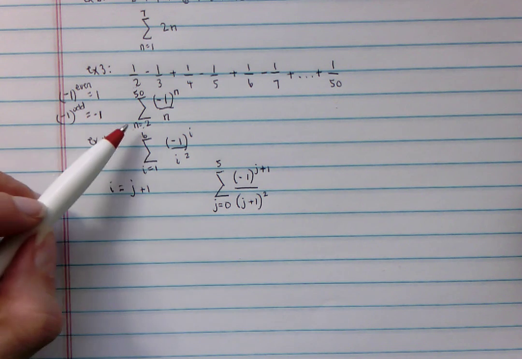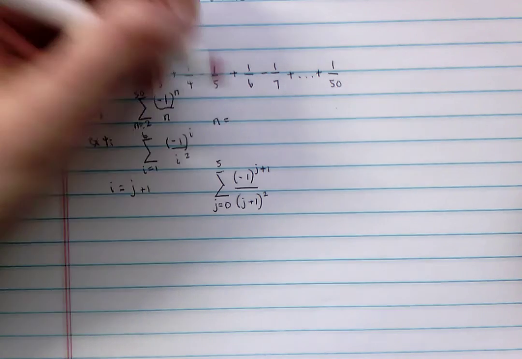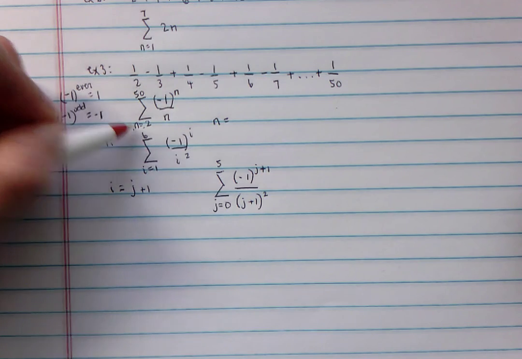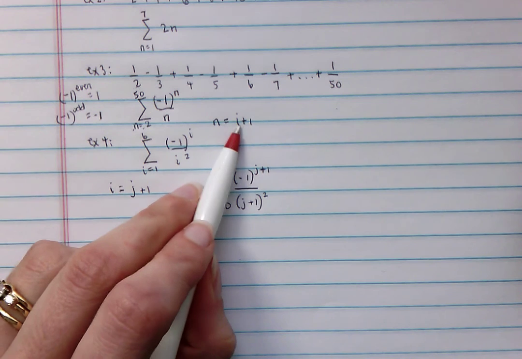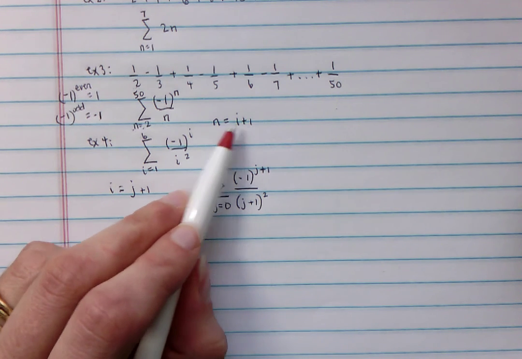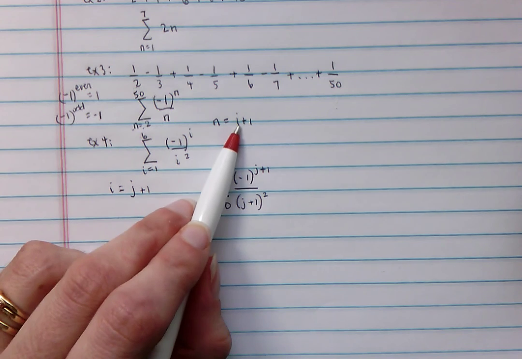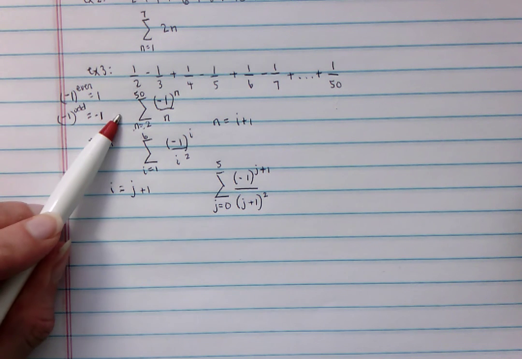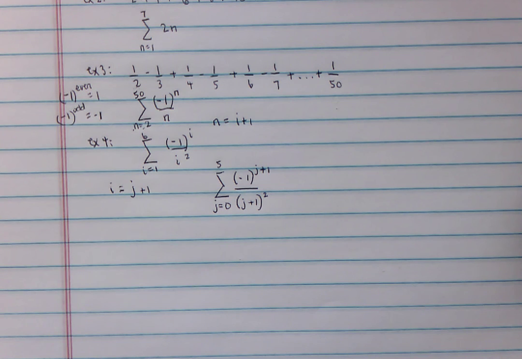Okay, so if n starts at 2, then if i is supposed to start at 1, 1 plus 1 does equal 2. So you could set this n equal to i plus 1, and you could change this one.